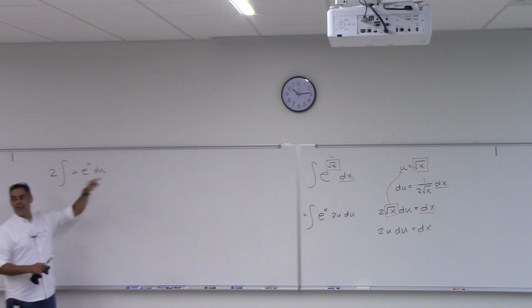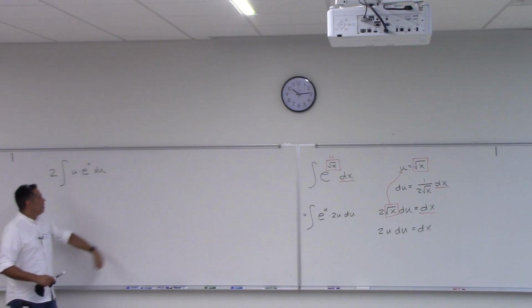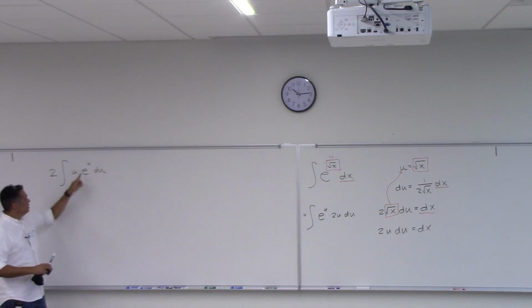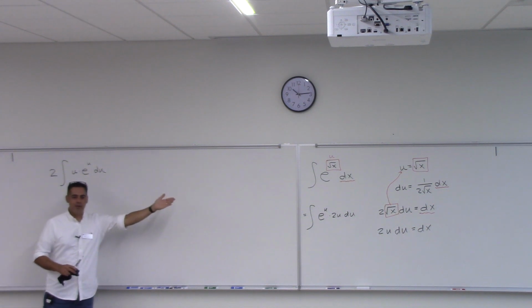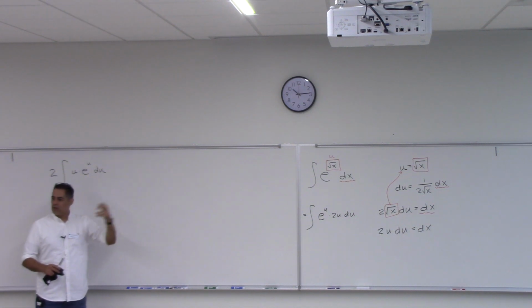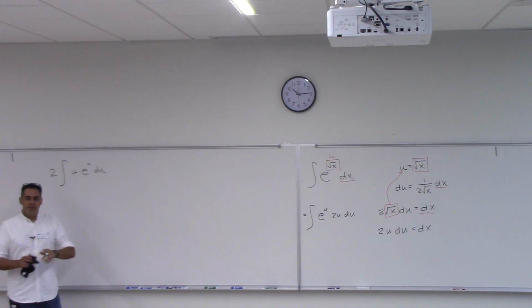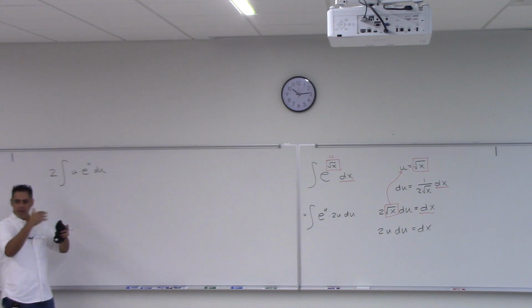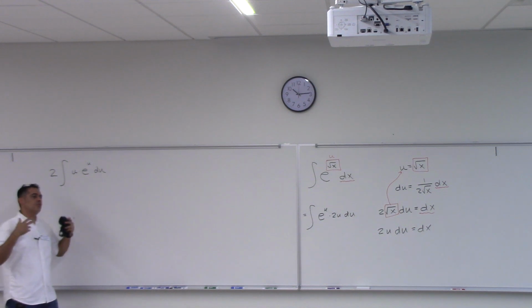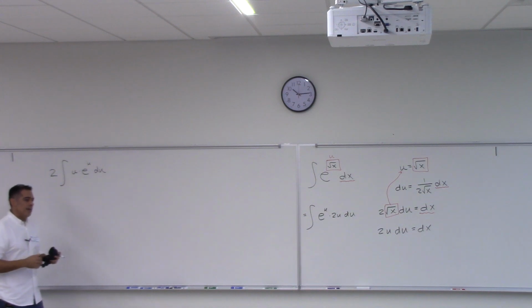Because what's the derivative of that in the new integral? 1. And what would be the choice for the dv? E to the u du, because in the new integral it'll be e to the u, right? And so that new integral is going to be doable. See, do you see how many steps I'm having to see ahead to help myself know where to go? That's why knowing the formula, knowing what you're trying to achieve is important.